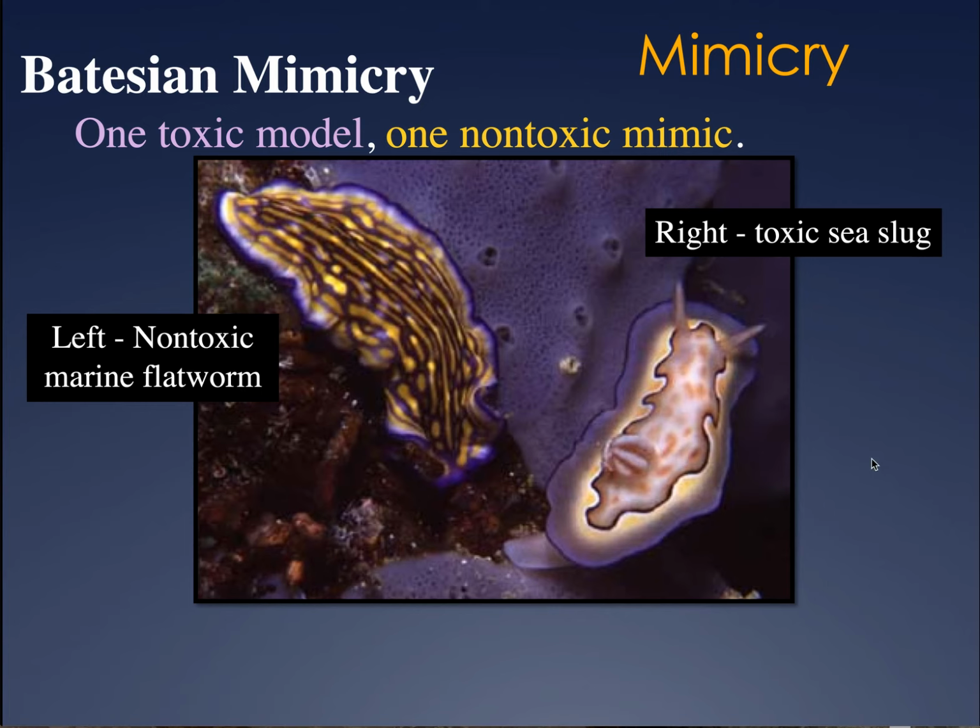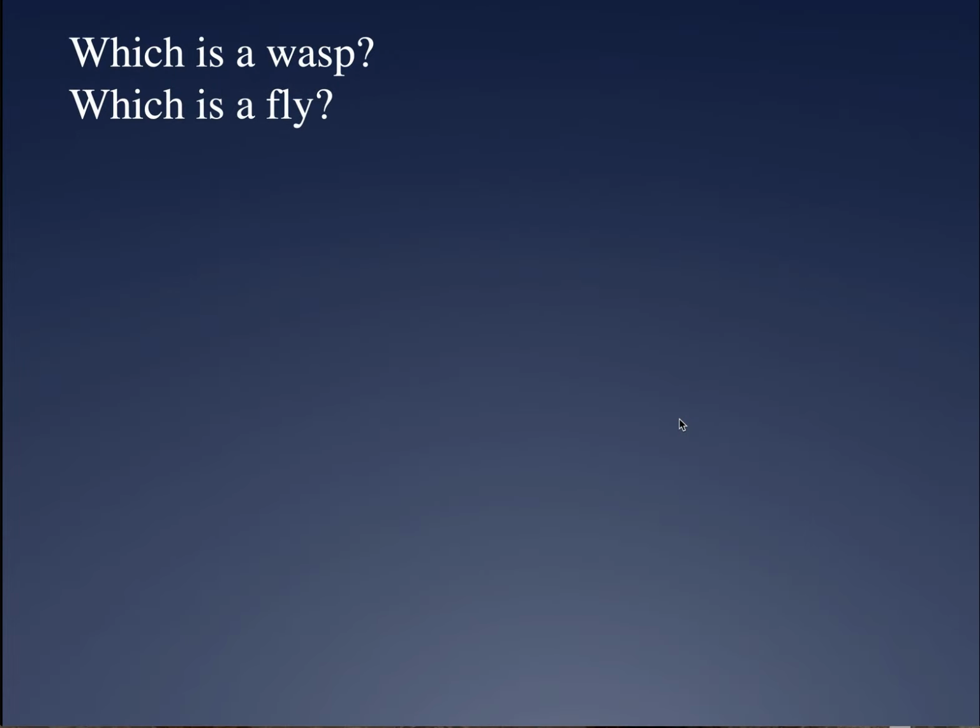But they're both using a similar kind of coloration that we think means this is the sea slug saying, oh my goodness, watch out, I'm toxic. And this is another brightly colored worm that's trying to pick up on that defense. Here's another example of Batesian mimicry. It is very common where we live here in Illinois.